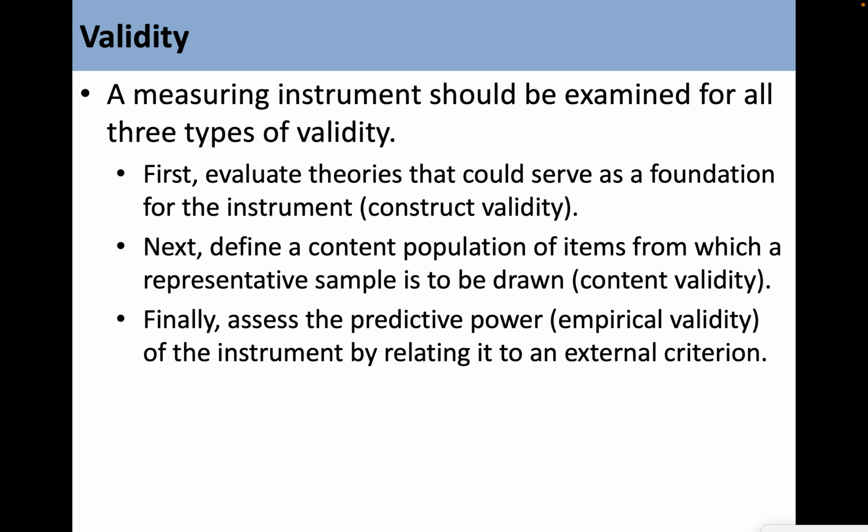Finally, assess the predictive power, the empirical validity of the instrument, by relating it to an external criterion. So how do we know that our instrument is measuring this thing correctly? What we do is we use a control, and that control is always the same, or we use a standard. We take a standard and we measure it, and we know that it's supposed to be 42%.